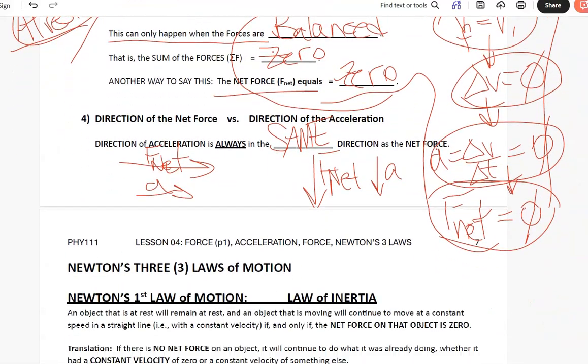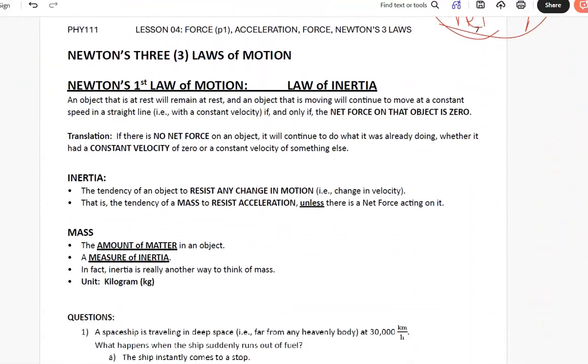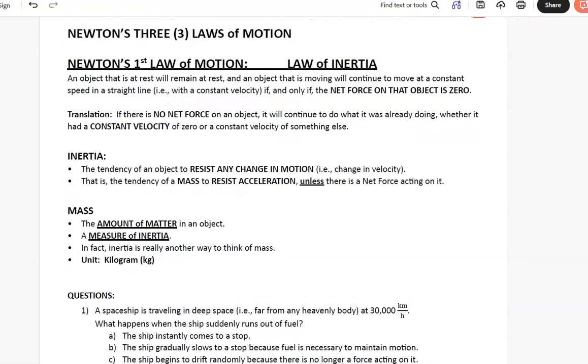Okay, let's continue on with something that I feel is really central to much of your understanding about how physics works. These are three laws that were devised by Isaac Newton. They're referred to as Newton's three laws of motion. They each have a name, but we frequently call them the first law, the second law, and the third law.